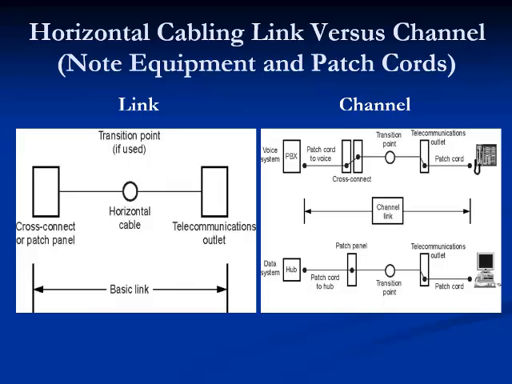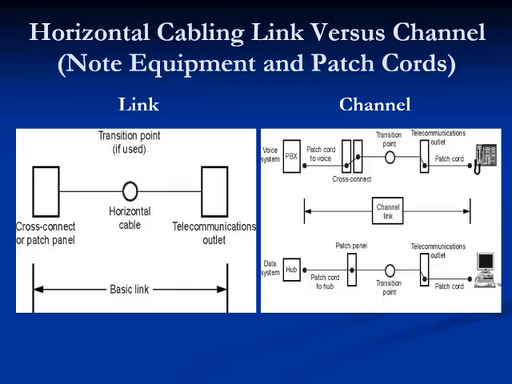The channel link includes the basic link as well as installed equipment, patch cords, and cross-connect jumper cables. However, the channel does not include phones, PBX equipment, hubs, or network interface cards. Two possible channel link configurations are shown here. One is the channel link for a 10BASE-T Ethernet workstation and one for a telephone.